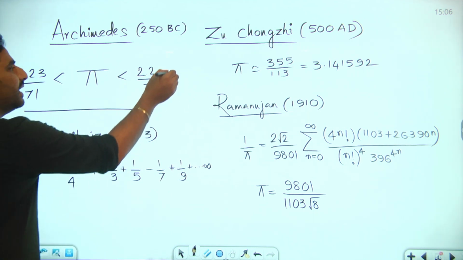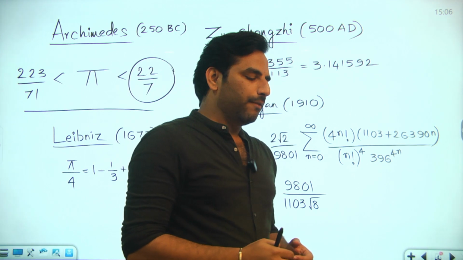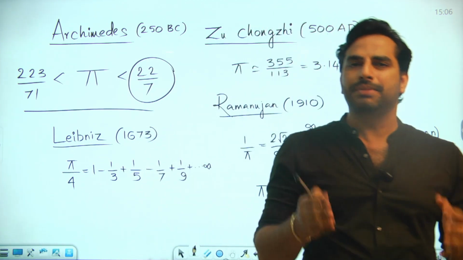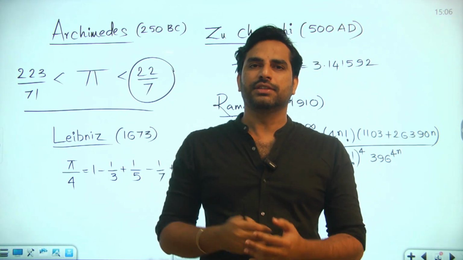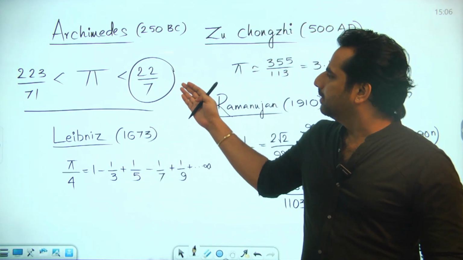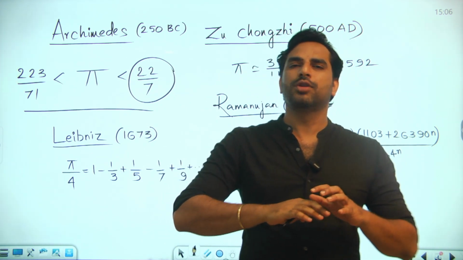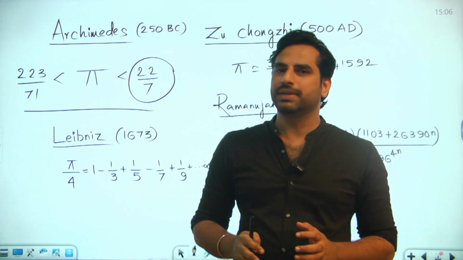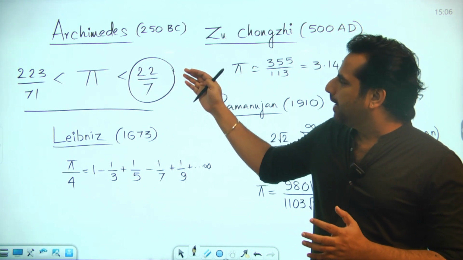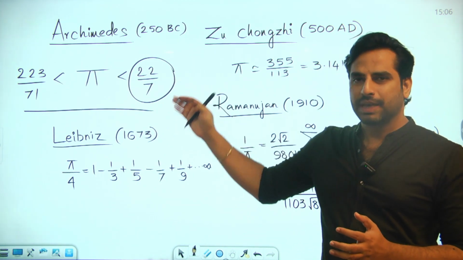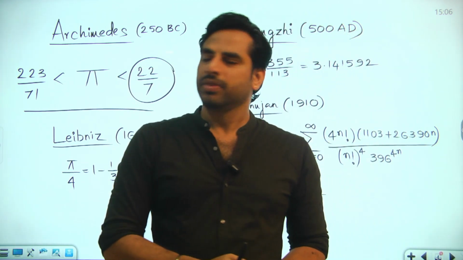So this is the pretty familiar approximation that we use. And when we use 22 by 7, always remember that it is only for mathematical calculation convenience, but this is not the exact value of pi. It is only an approximated value, and pi is not a rational number. You cannot express pi in the form of p by q like 22 by 7. This is only for calculation convenience.